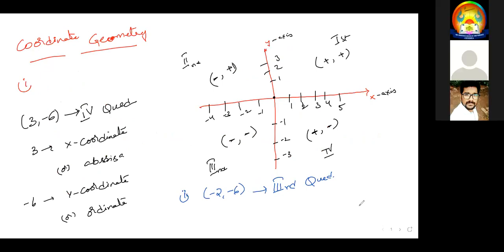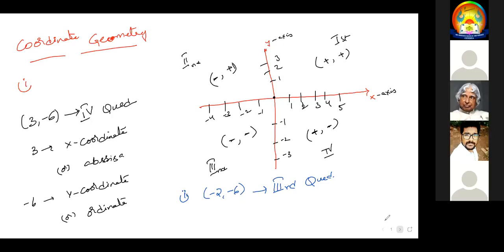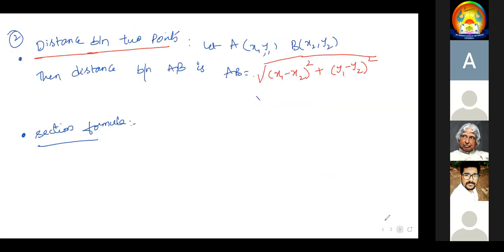Let others please copy. Very good. Next one.